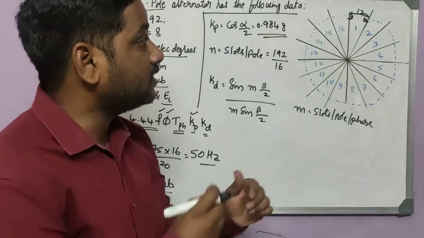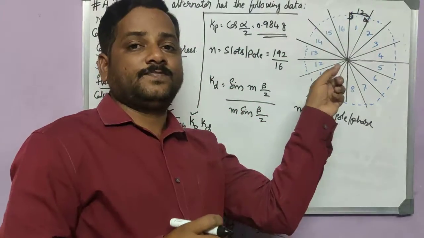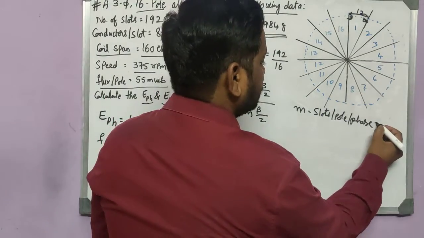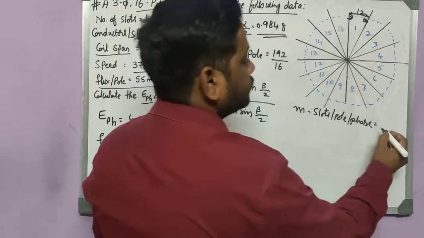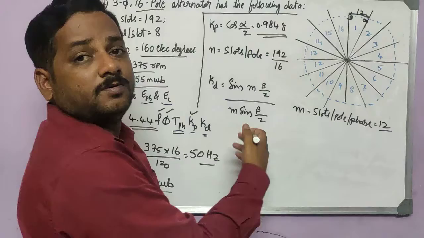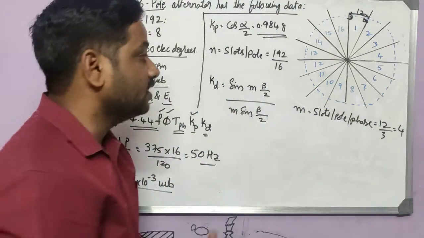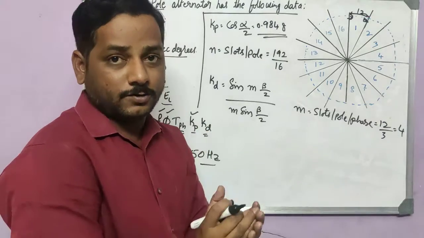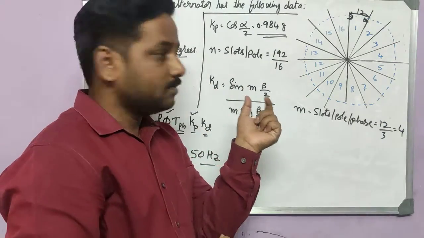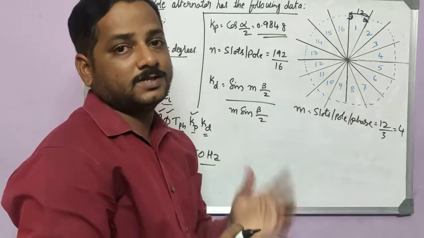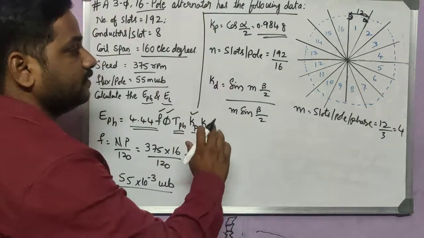So that is called slots per pole per phase. So you can take it as slots per pole, 12, divided by phases, 3. So 12 by 3 is 4. Okay. So m is clear.